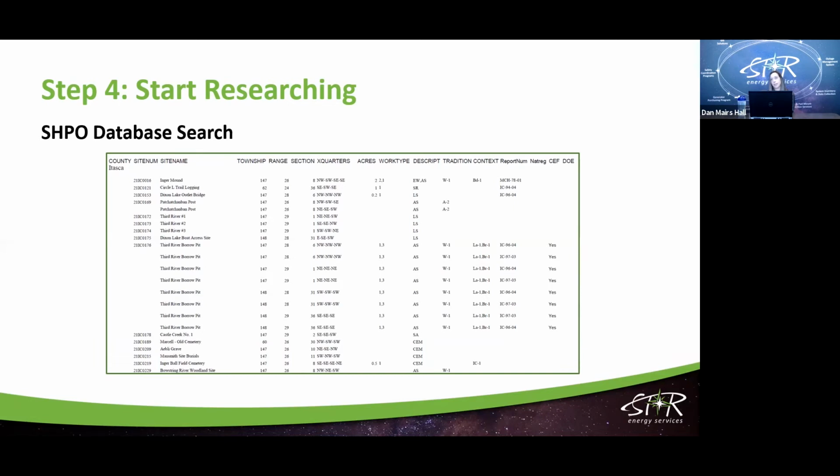So we take all those sites and we have to show the site in relation to the project path as well. We can't just list them. So we have to show a figure that shows the project path and also shows where the site is in relation to it, and then describe that the project is located half a mile from the archaeological site, or a quarter mile away, so there shouldn't be an issue.